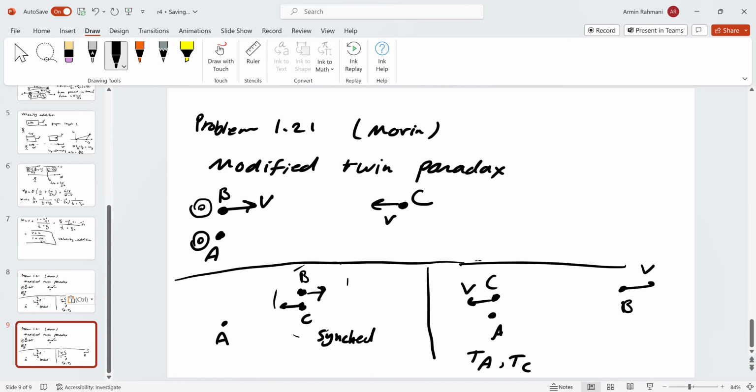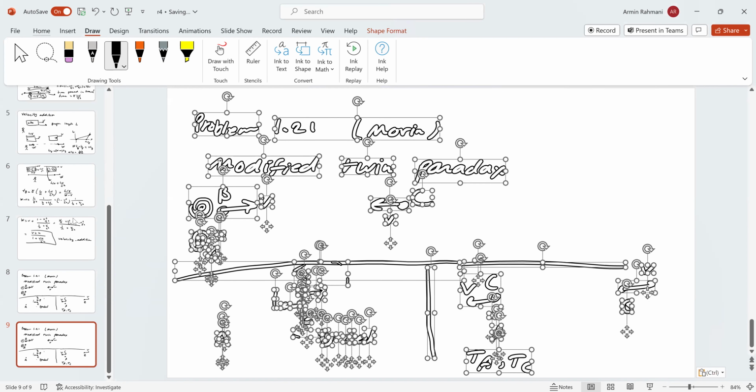Okay, so let's first analyze this in frame A, which is the easiest frame to see what's going on.